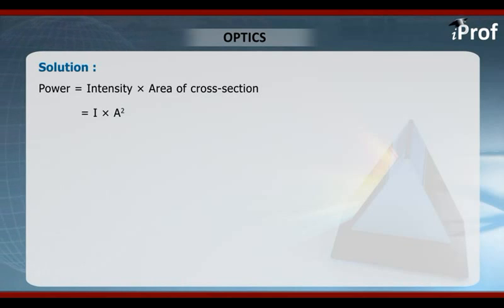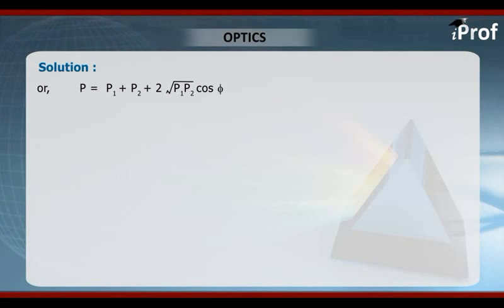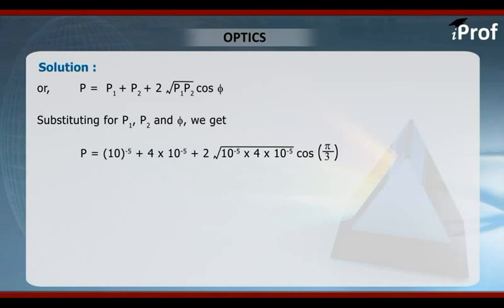Now the same relation will be valid for power, and we can write the power at the point of interest, which in this case is the focal point of the lens, as P1 plus P2 plus twice under root P1 P2 cos phi. We know the values of P1, P2, and so we calculate the power at the focal point, and this value is P is equal to 7 into 10 to the power minus 5 watt.